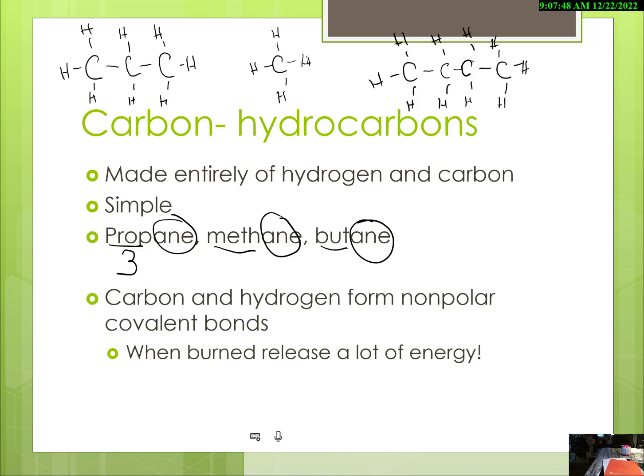Carbon and hydrogen do not have really much difference in strength for pulling electrons towards it compared to whatever's on the other side of the bond. So this hydrogen and this carbon here, not one is really stronger than the other. And we would look at each of those bonds and see that they're all going to be covalent nonpolar bonds. But what's really cool about these is when we burn them, we release a lot of energy.